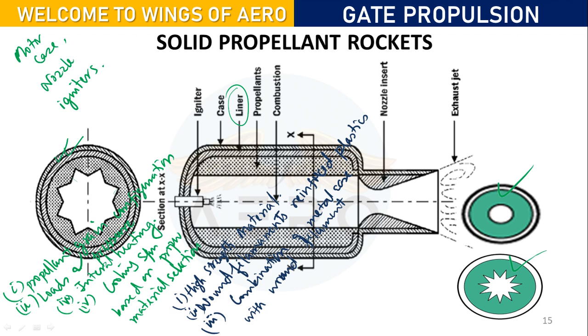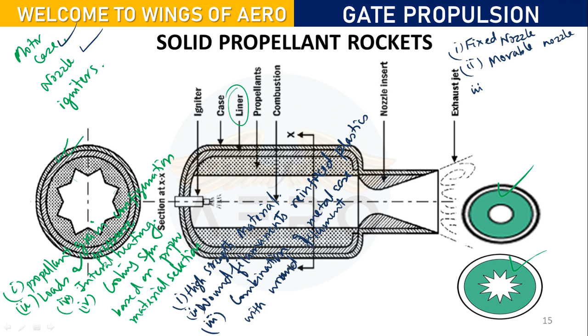Now, this motor case is done. Then comes the nozzle, and then at the end we will come to your igniters. Now nozzle, here we use many different kinds of nozzles, particularly for solid rocket motors. Okay, so these are the possible nozzles used. One is a fixed nozzle. Second is a movable nozzle, like if you have a gimbal mechanism, right?